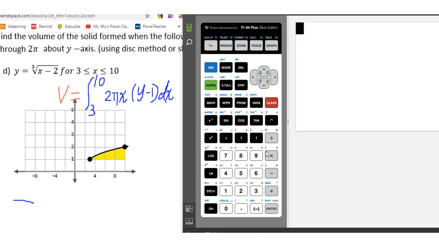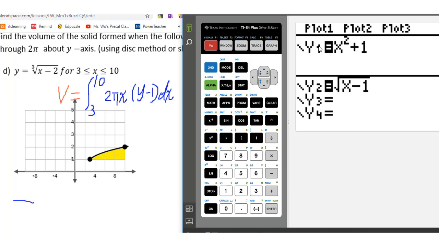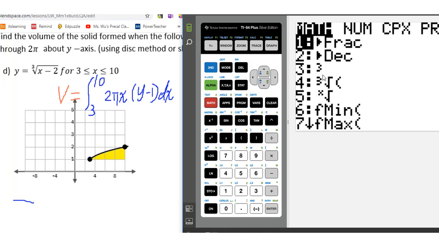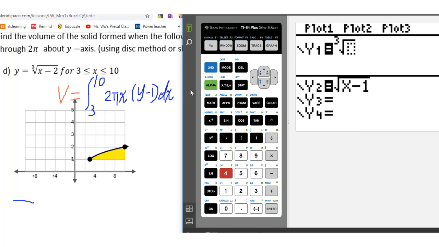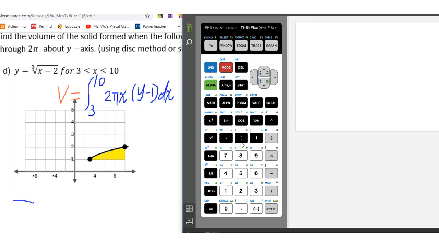dx. Now I will show you how to put this into a graphing calculator. We will go to y1, go to math. For 4, that's a cubic root. So I will press 4. Then I will do x minus 2. Then I quit. I will put the 2 pi first.